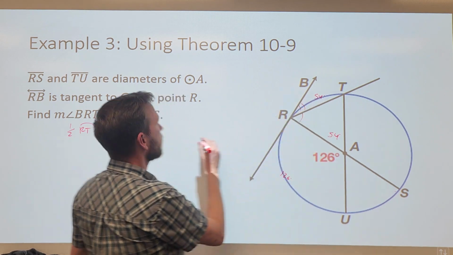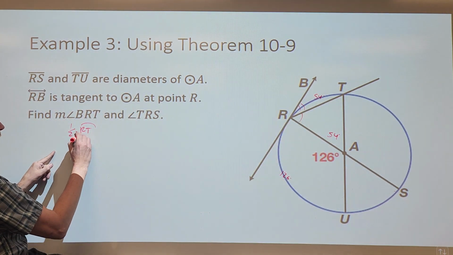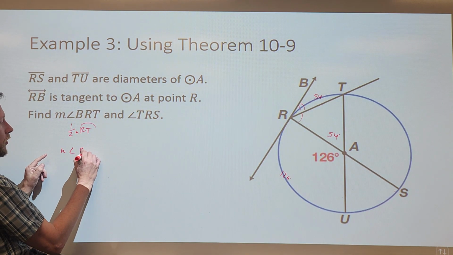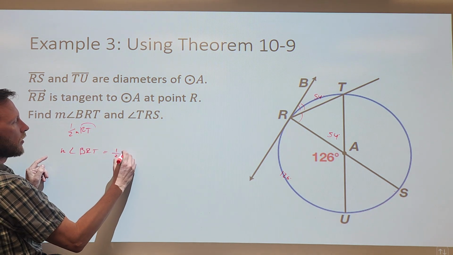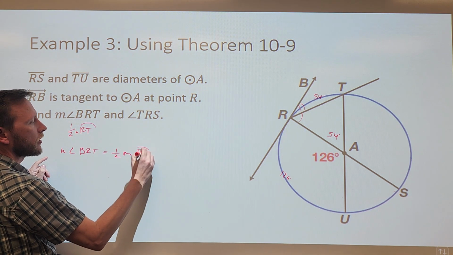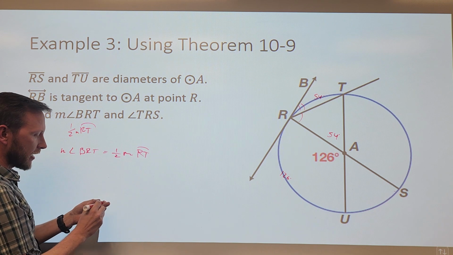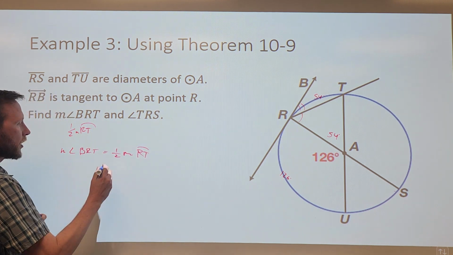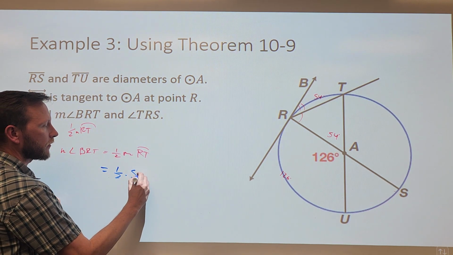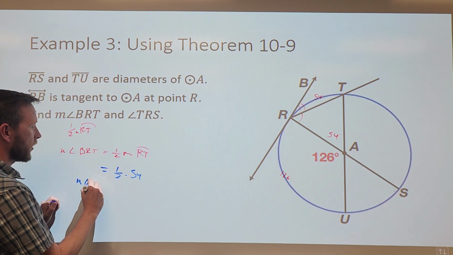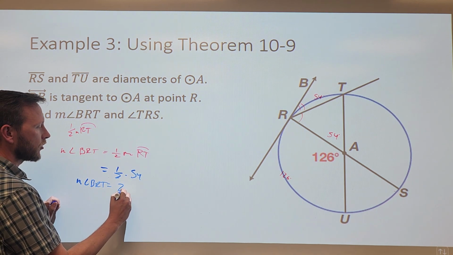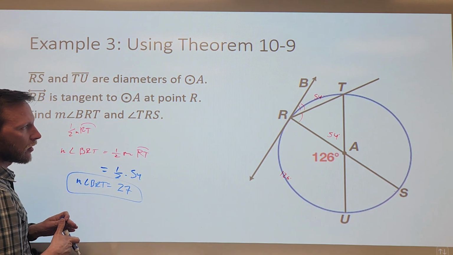The measure of this angle is going to be half the measure of arc RT. So we're going to find that the measure of angle BRT is half of 54. So the measure of angle BRT is 27.